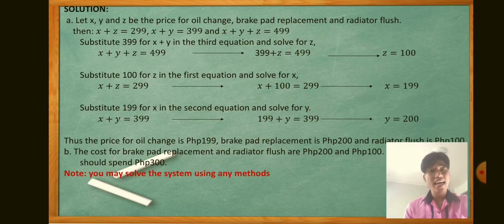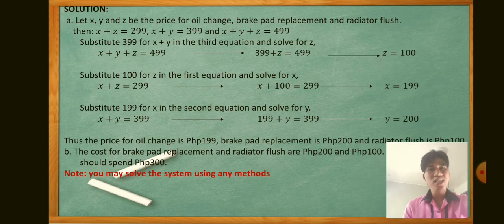And x plus y plus z is equals to 499. So we need to substitute 399 for x plus y in the third equation and solve for z. So we put 399 in place of x plus y in the third equation, x plus y plus z is equals to 499.